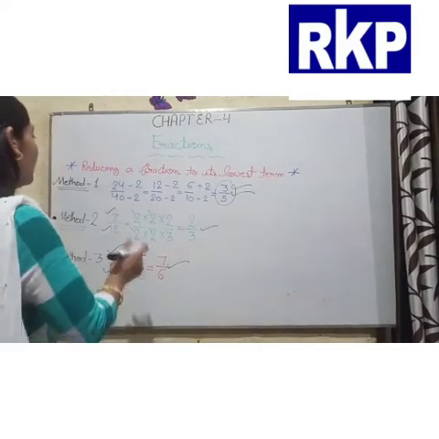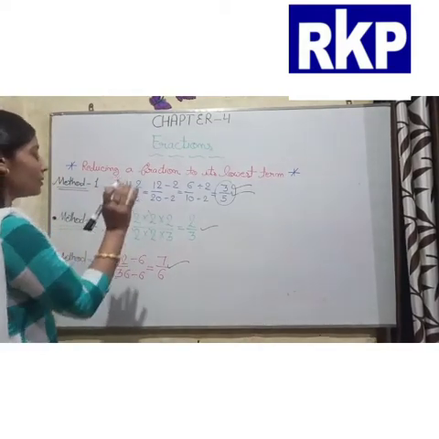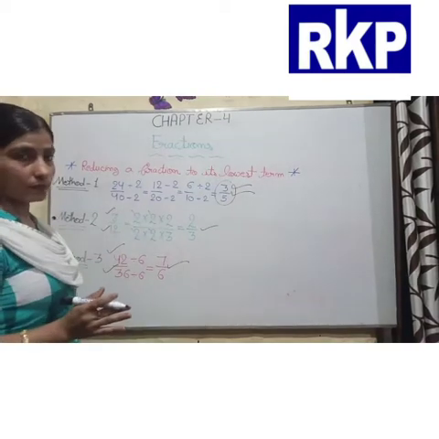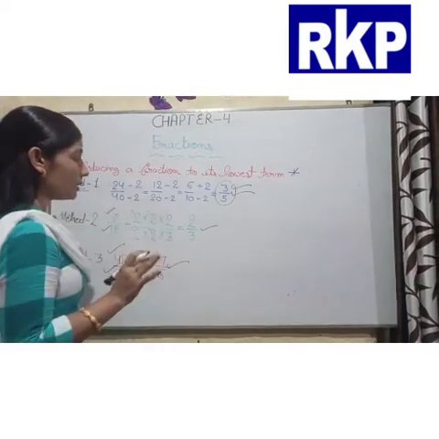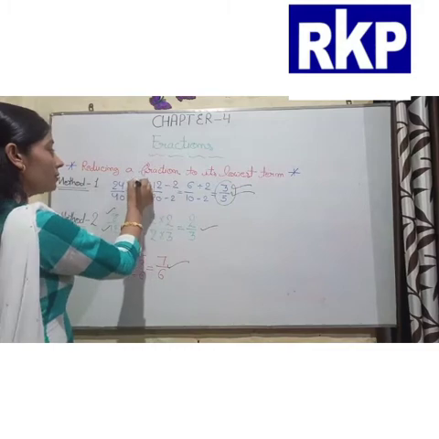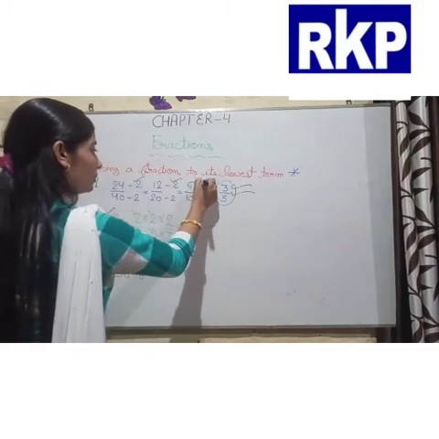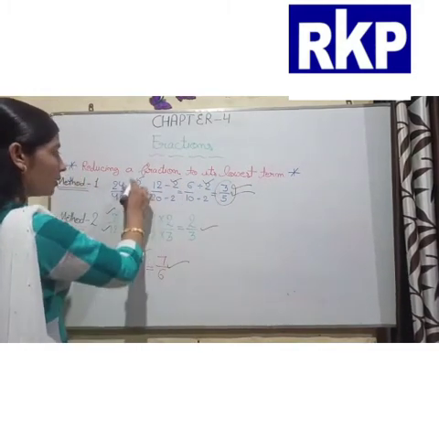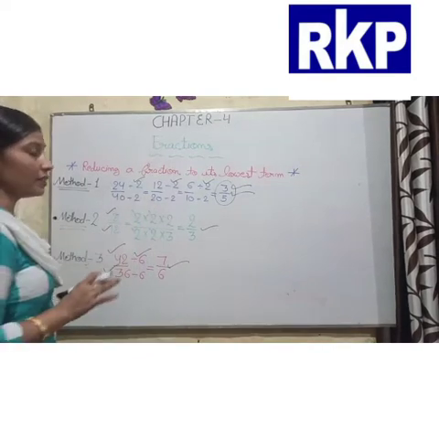In the first method and the third method, we can see I have written the number by which we have divided.